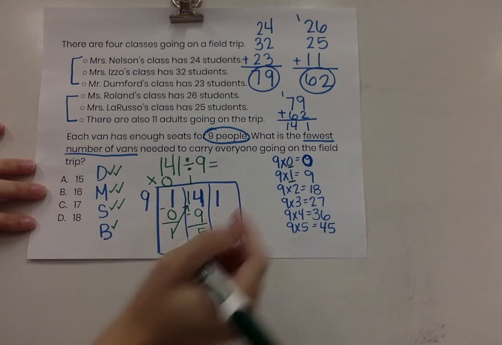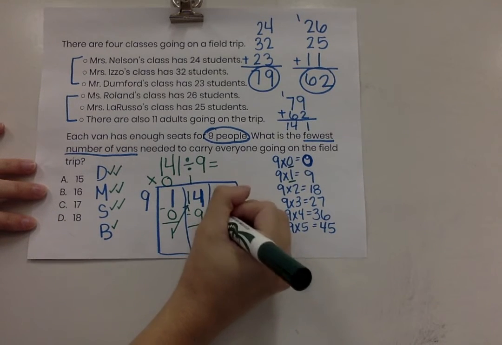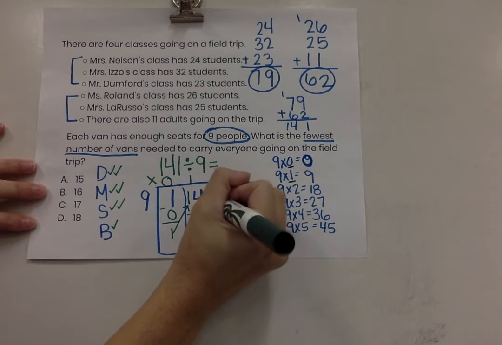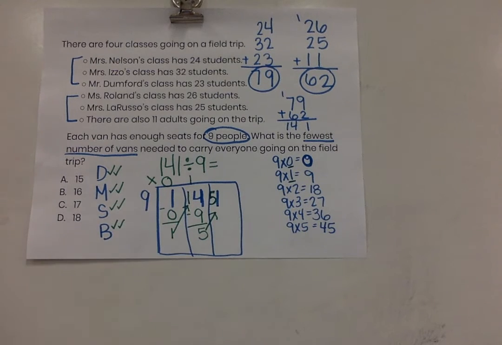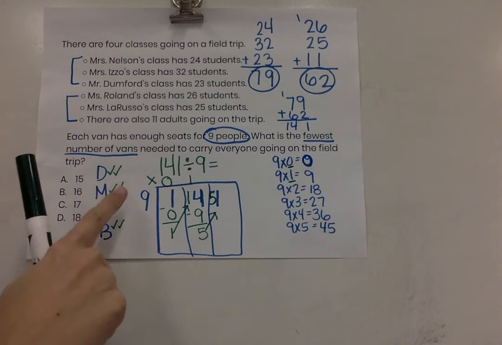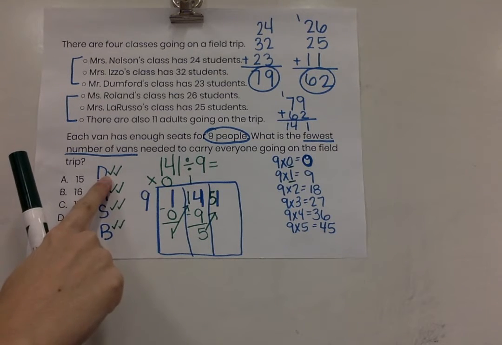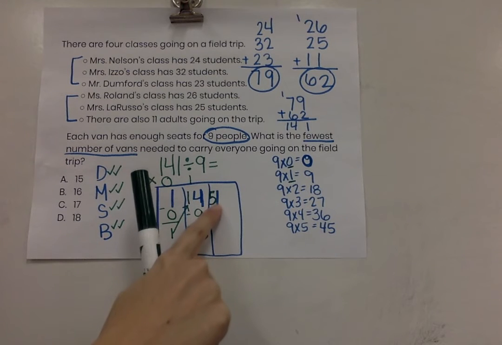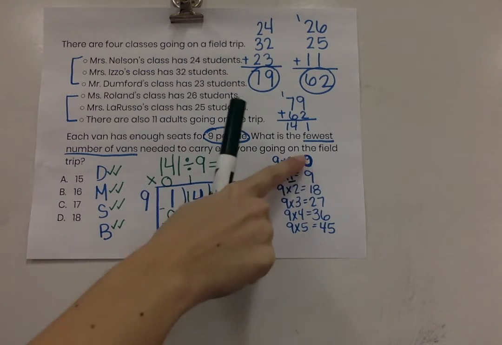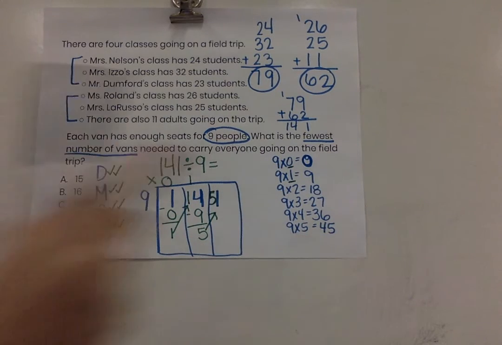After we subtract, we bring up. I'm going to bring up this 1, and it makes this 5 a 51. Check. We need to go back up to divide. How many times can 9 go into 51 without going over? So we're going to look for 51 over here on our multiples list. Oh, I only go up to 45.